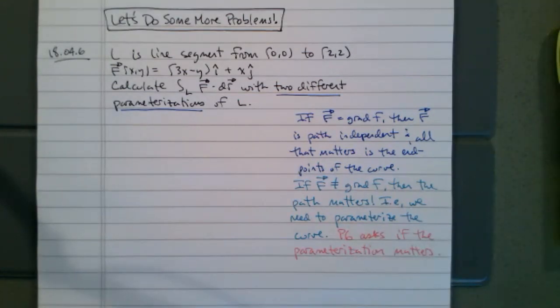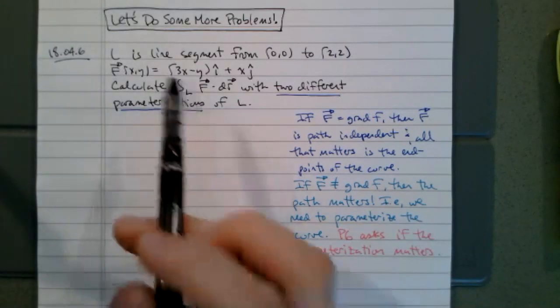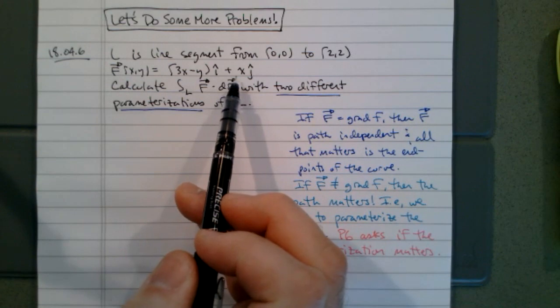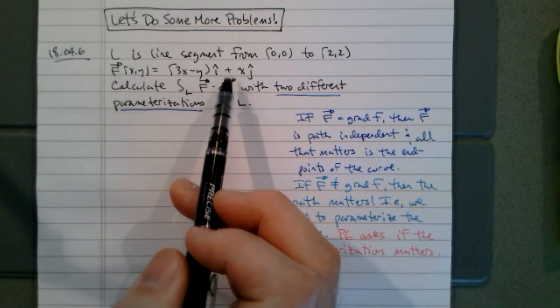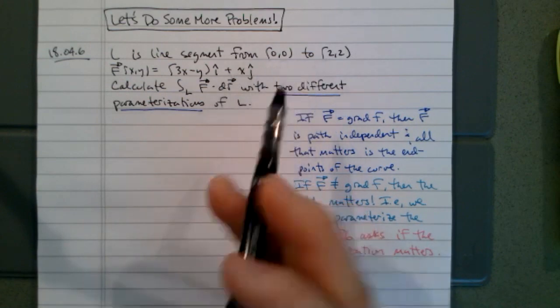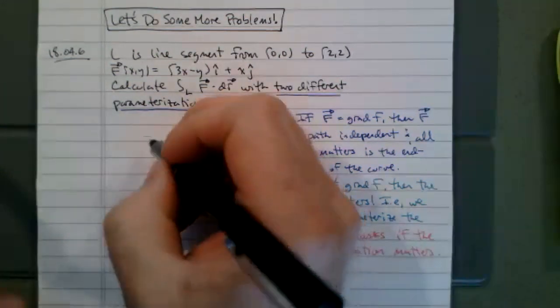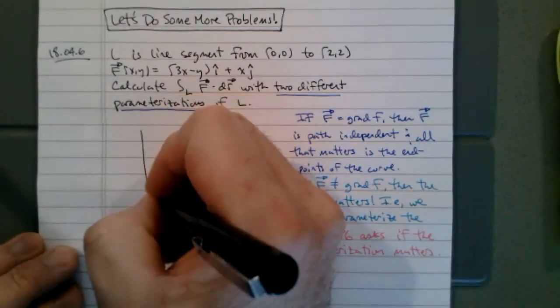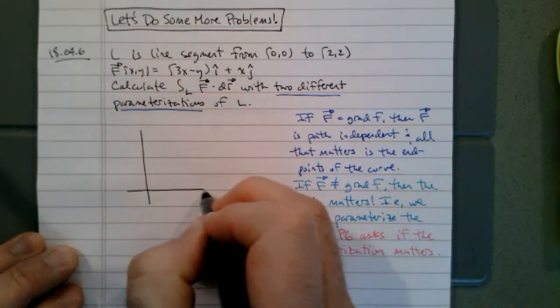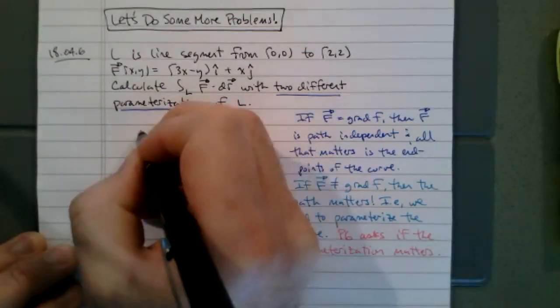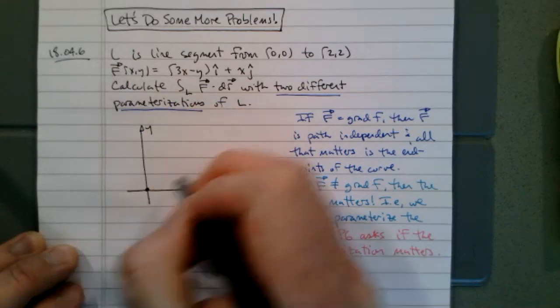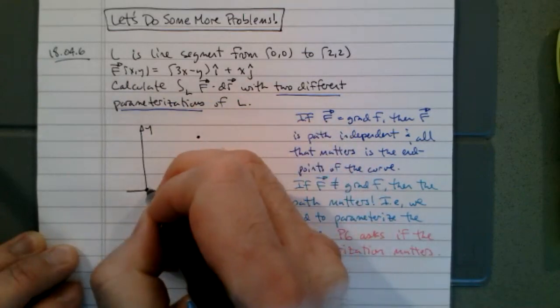All right. So let's take a look at the parameterizations. I was just pointing with the cursor and you can't see that part. So we have this vector field and the curve is a line segment from (0, 0) to (2, 2). Here's X and Y, and L goes from (0, 0) to (2, 2).